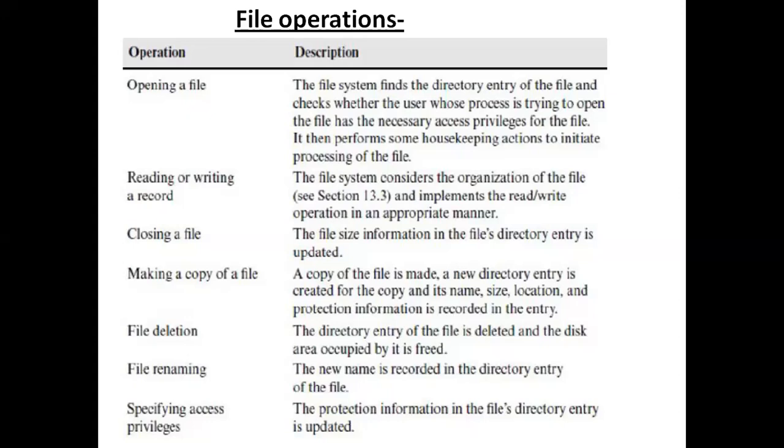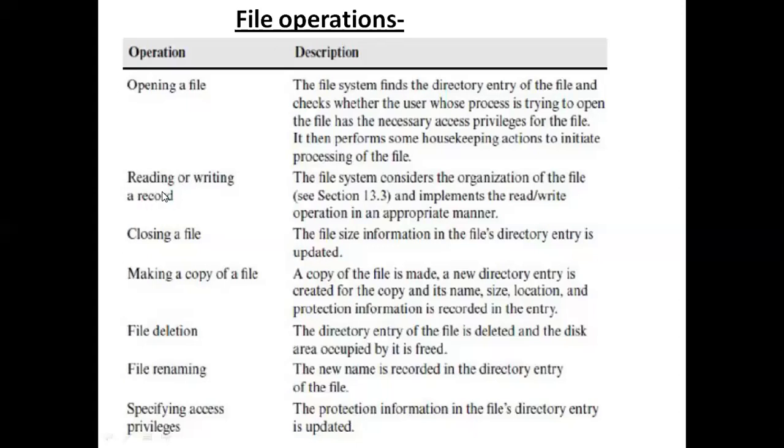So the file system locates the file and checks whether the user executing the process has all the necessary privileges or not. The process performs these actions upon opening the file by executing the open statement.